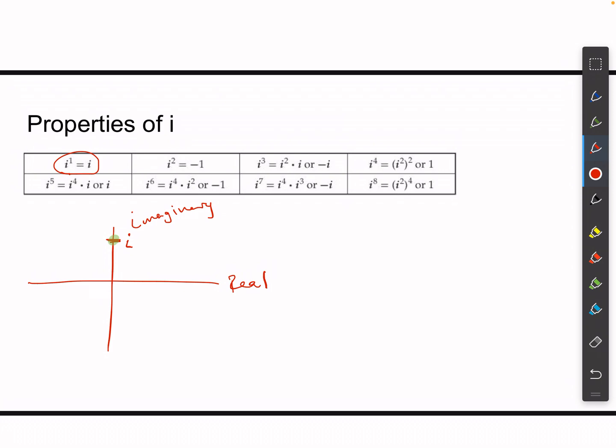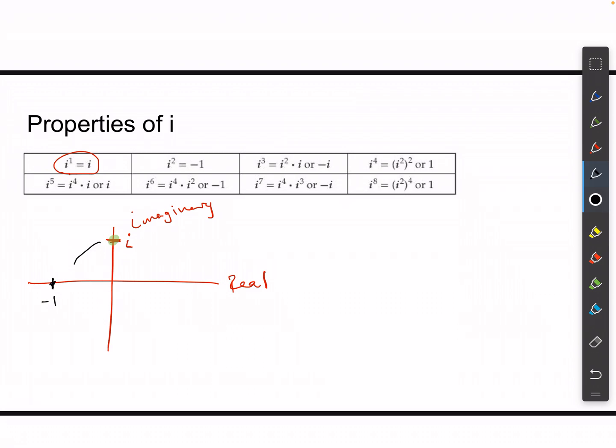If we start there, we go counterclockwise. We always are working counterclockwise. So this is i to the first power. i to the second power would be on the real number axis, at -1. We already proved that i squared is -1.